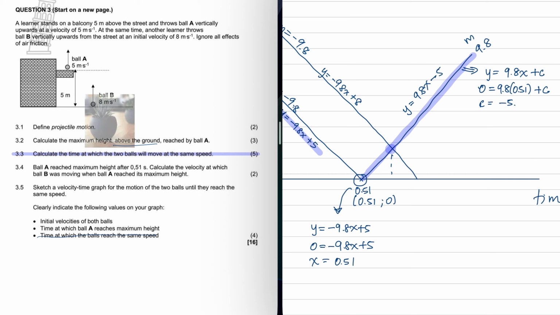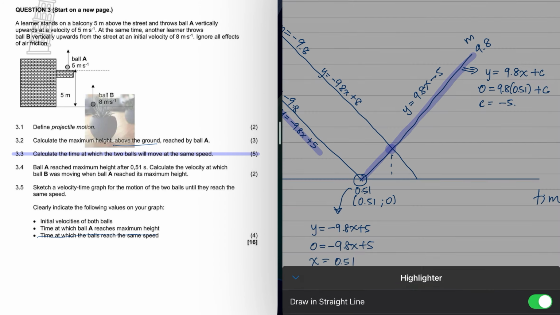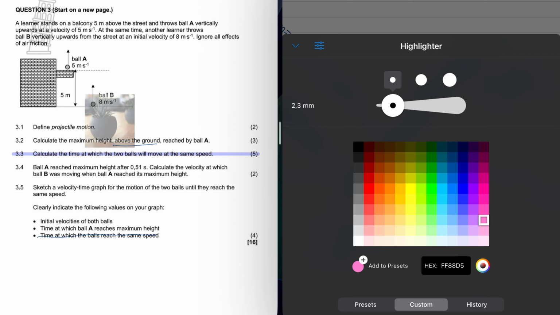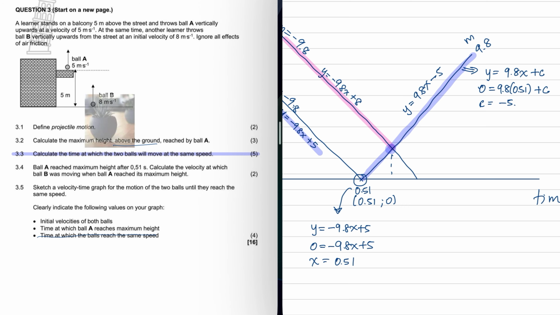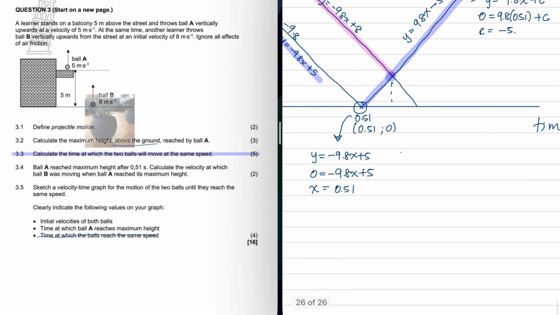So the equation of this line is y is equal to 9.8x minus 5. So we are solving for the point of intersection between, let's use a different color here, this pink line and this purple line. To get the point of intersection, you equate the functions. So you're going to simply say that minus 9.8x plus 8 is equal to 9.8x minus 5.